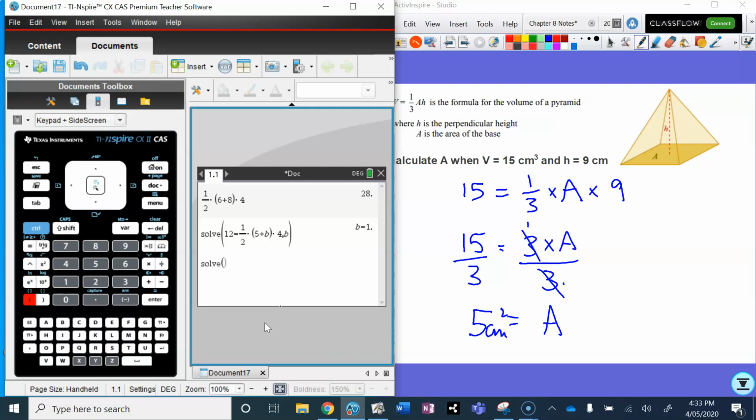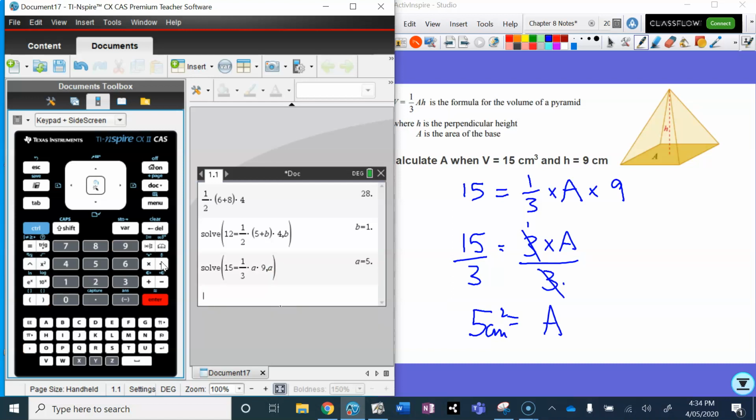Does the same job. 15 is equal to, fraction template, 1/3 of, so times A times 9, comma A, because I want the calculator to solve that equation for A. When I hit enter, you'll see A is 5. So very easy to do with the solve function without having to do any rearranging.